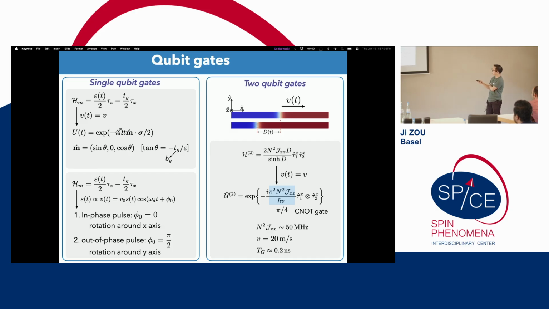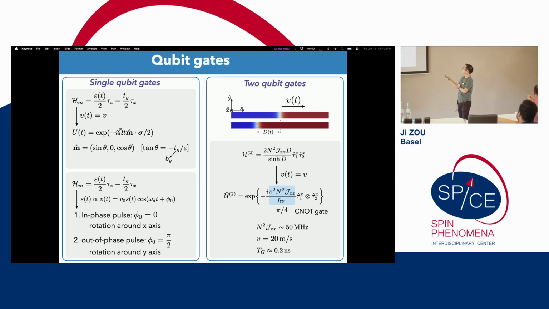One important feature is that these two domain walls can only talk to each other when they can see each other, meaning that this interaction is only sizable when the distance between them, this d, is comparable to the domain wall size. Otherwise, it would decay exponentially.